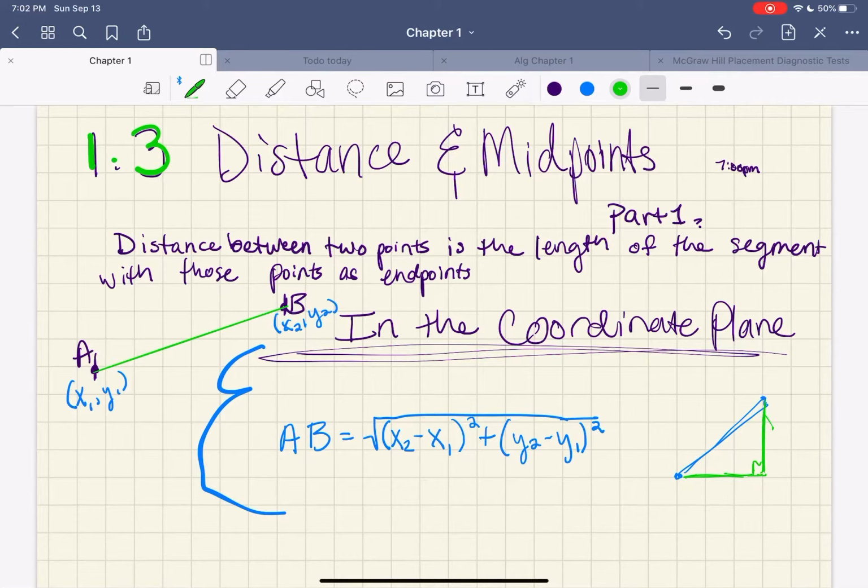So you have your change in y and your change in x, which is similar to slope as well, but we're not measuring slope, we're measuring distance, and that's the formula.